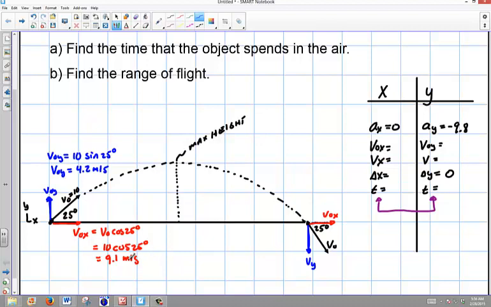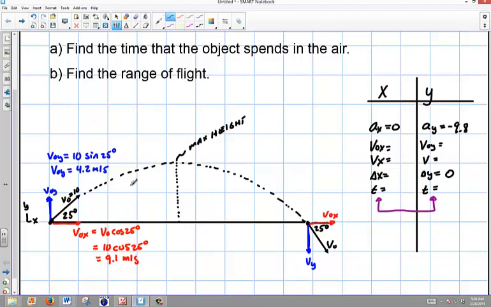So this is always important in a projectile problem. We have to split up our components. We have to know what the initial x is, and we have to know what the initial y is, because the only language that we speak is x and y in terms of the equations, because I've defined my axis like this, right? Okay.